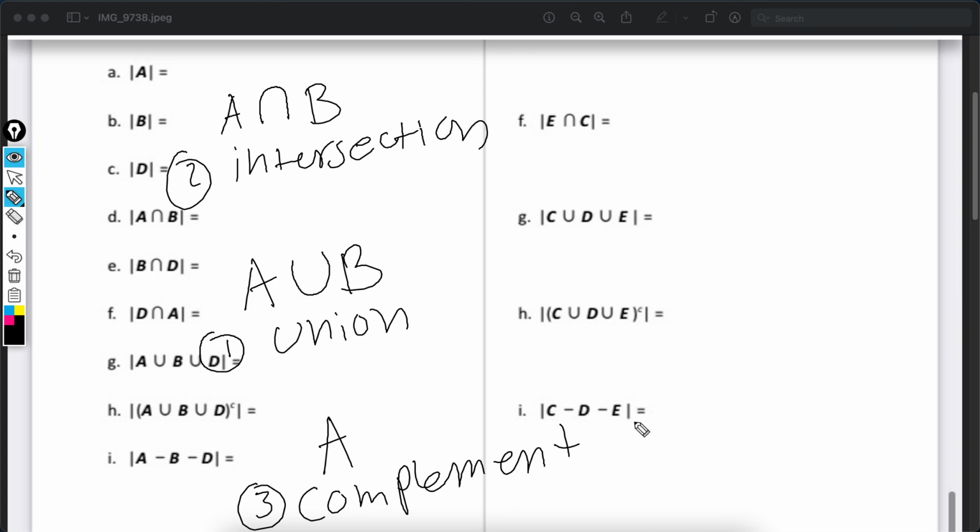When you're given a set A and a universal set U, the set of all elements of U that do not belong to A is called a complement. Hint, there's nothing around them. The complement of set A is written as A prime. Now, let's go to intersection.